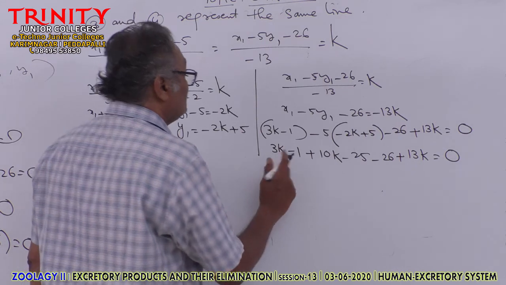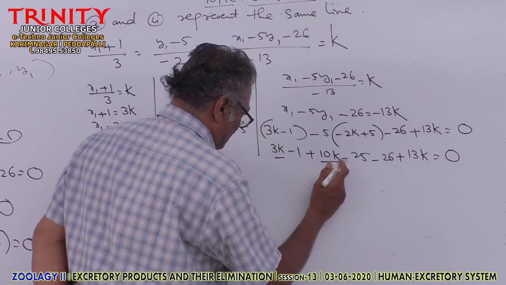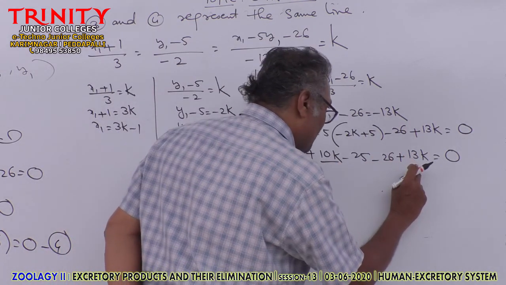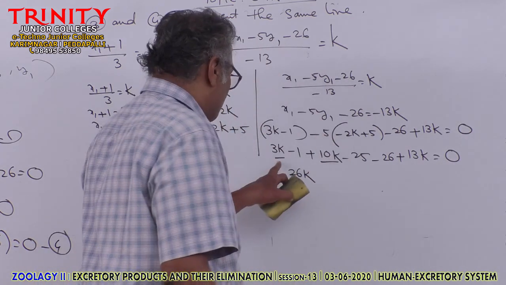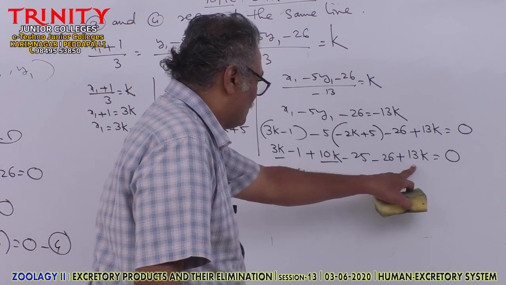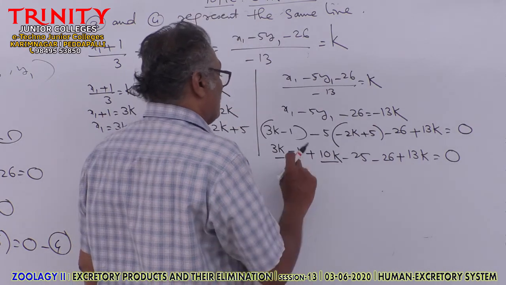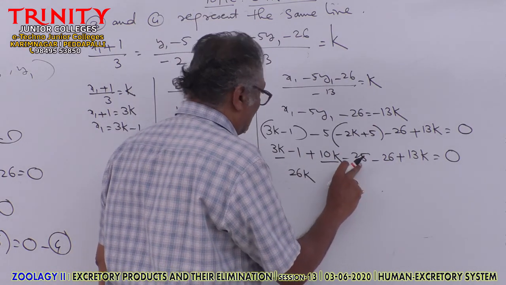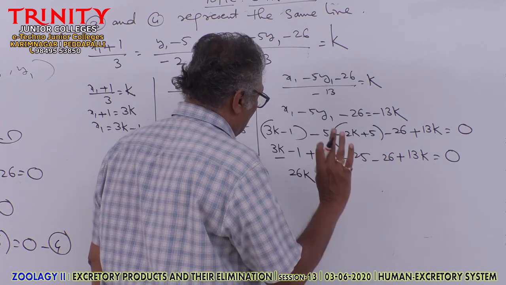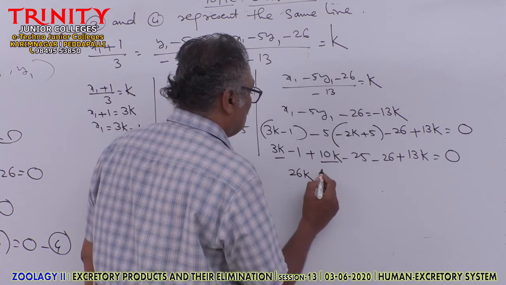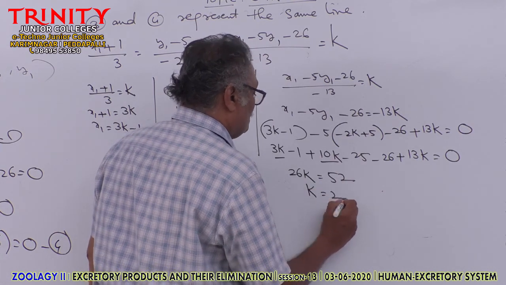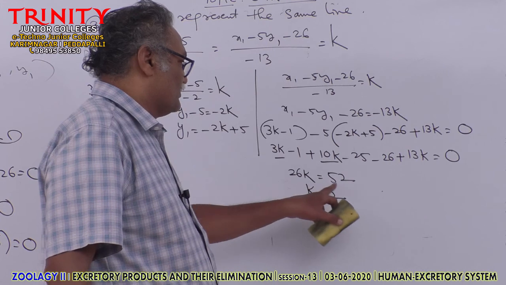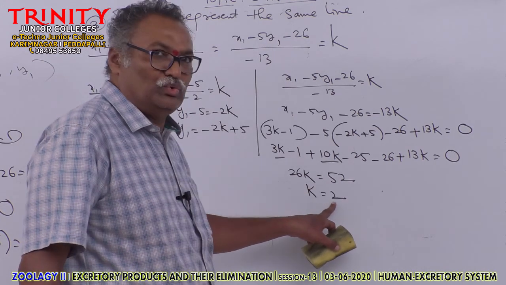Here 3k + 10k + 13k is 26k, and -1 - 25 - 26 is -52. So 26k = 52, k = 2.